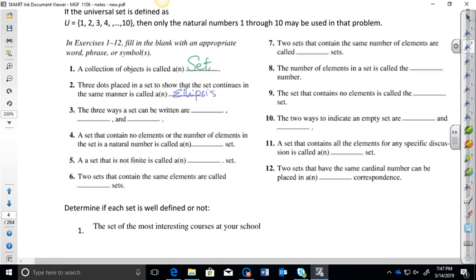The 3 ways a set can be written are roster form, set builder form, and description. Yes. So roster, set builder, and description.